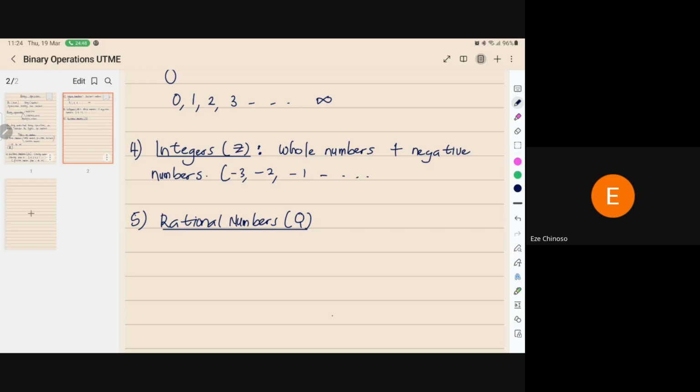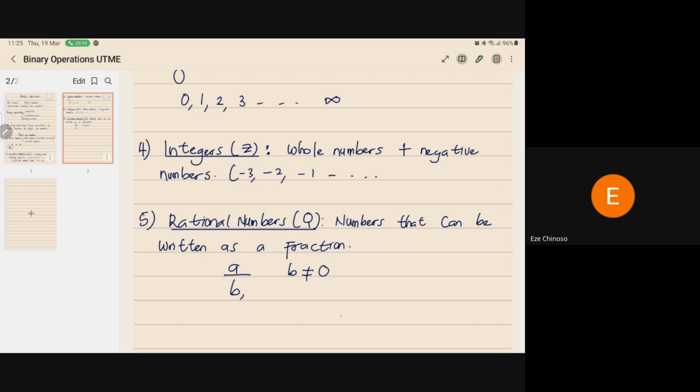Any number that can be written as a fraction is a rational number. So you can have A over B. But remember that B will not be equal to 0, because if B is equal to 0, you get infinity.